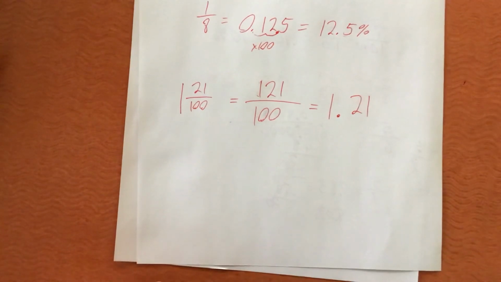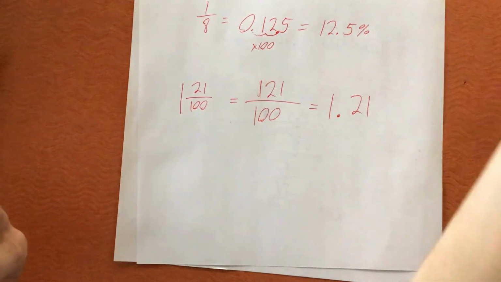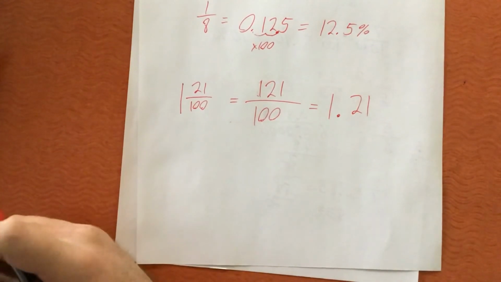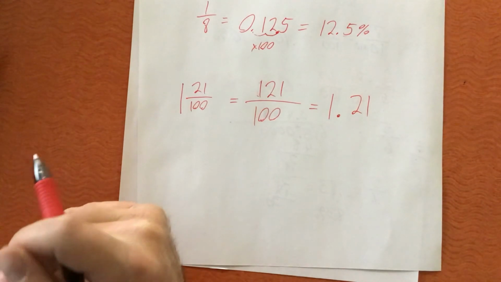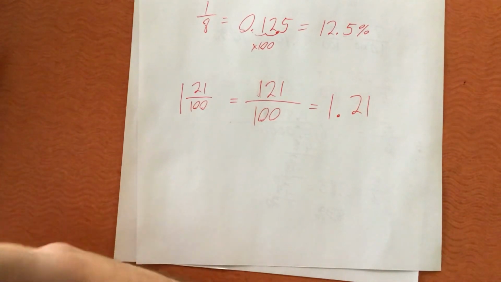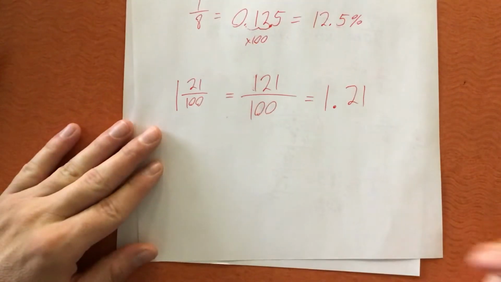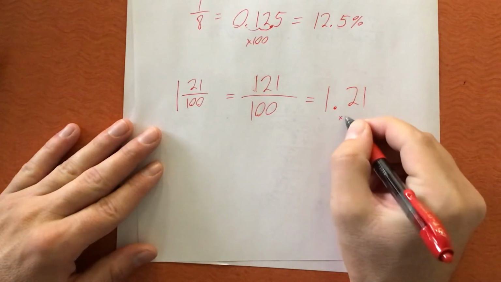But what would that be as a percent? Because a lot of people look at it and say, well, we can't have a percent over 100. You can. You can in certain situations. Not always. Sometimes it doesn't make sense, but every once in a while there's a situation, like in grades, if you get extra credit, you might have over 100%. So this is the same rule. We're going to multiply this by 100.